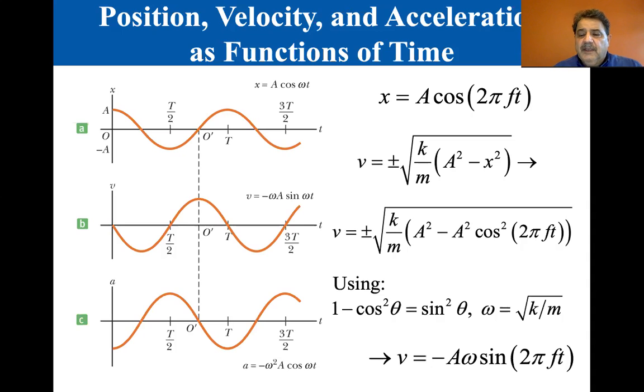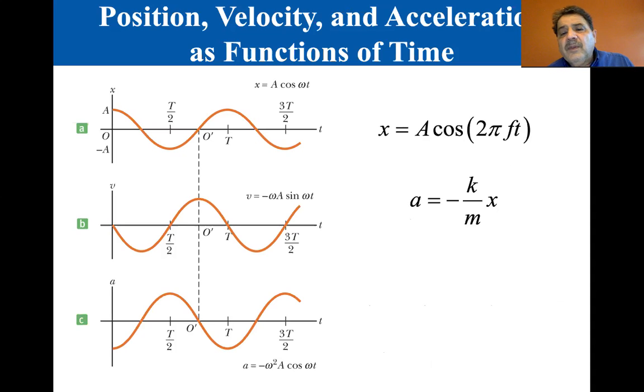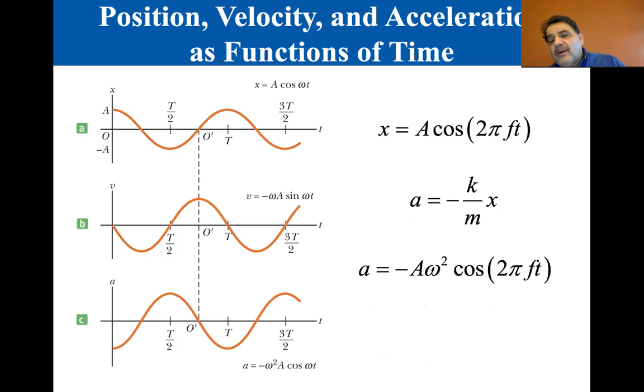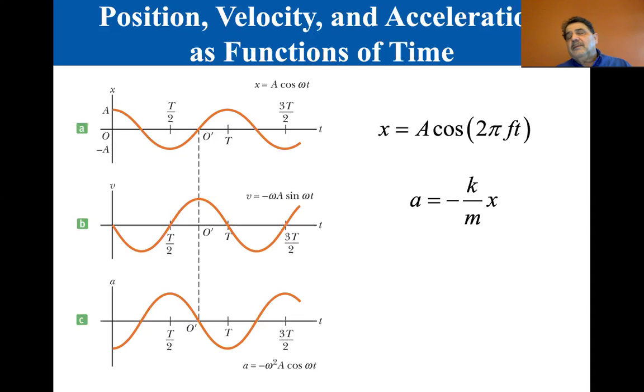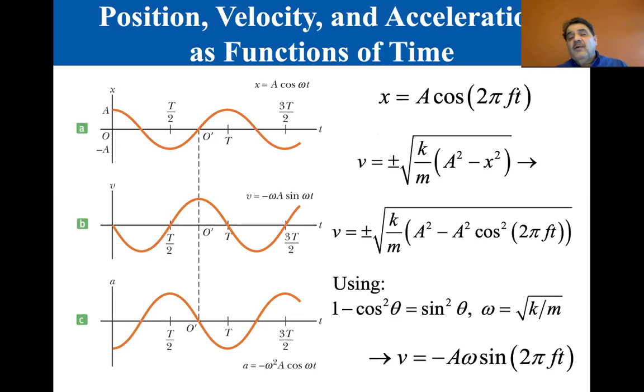So that's the velocity. Now the acceleration. x equals a cosine 2 pi f t. Acceleration is equal to minus k over m times x. So acceleration is equal to minus a omega squared. If omega is equal to the square root of k over m, then omega squared is equal to k over m.